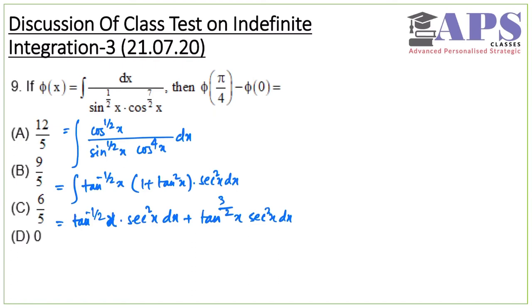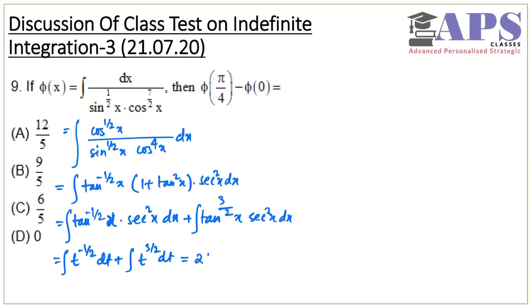So if I take tan x equal to t now, then I will get it as integration t to the power minus half dt plus integration t to the power 3 by 2 dt. So that is simple. I can just write the direct value of this. That will become t to the power minus half, that will become half.